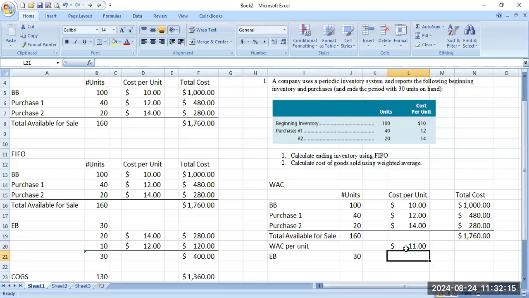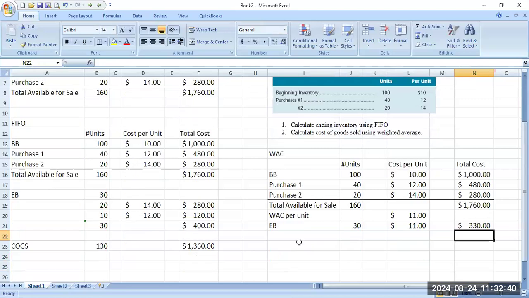So that will give us $11 per unit. So if we know that the ending inventory is 30, what's the cost of our ending inventory? $11 per unit. In total, it's going to be 30 times 11, 330.